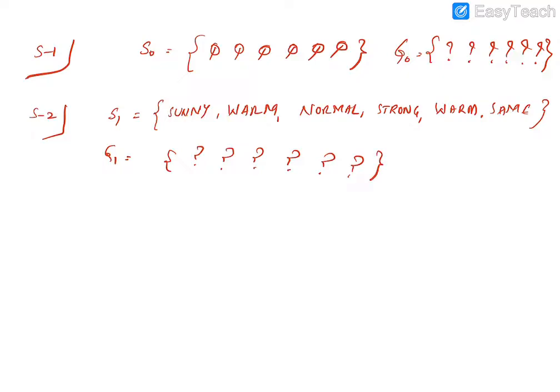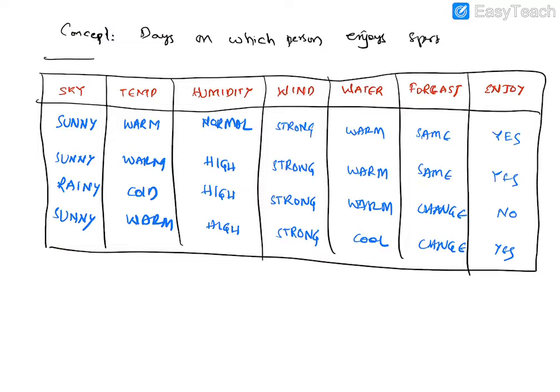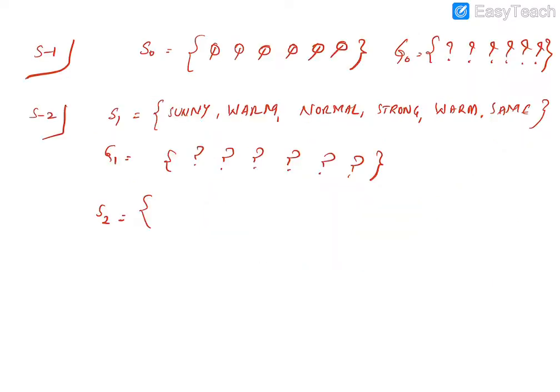Okay, and next, what we have to do? S2, the second record. So what is S2? Sunny, warm, same, high, normal. So there is a collision. In S1 it is normal, here high. So what we have to do?